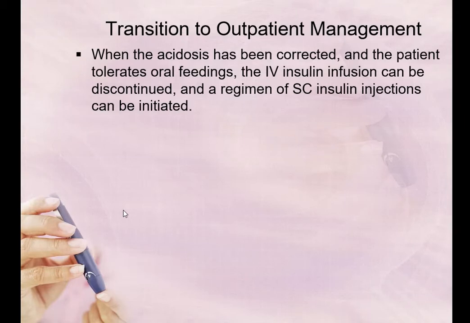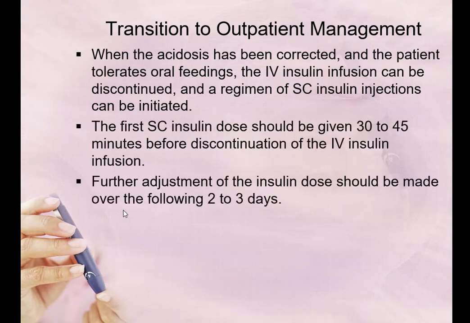Transition to outpatient management. When the acidosis has been corrected and the patient tolerates oral feeding, the IV insulin infusion can be discontinued and changed to subcutaneous insulin injection. The first subcutaneous insulin dose should be given 30 to 45 minutes before the discontinuation of the IV insulin infusion.